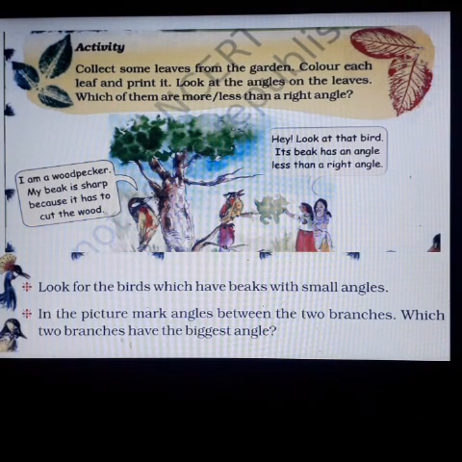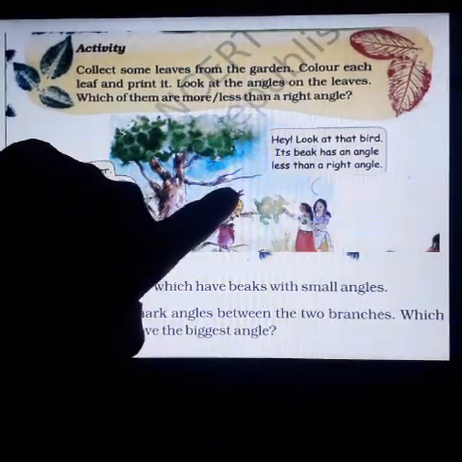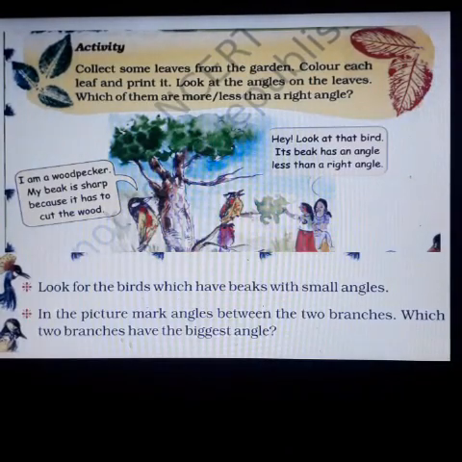Another activity is given. You can also find angles in nature. For example, in birds, you can see here a woodpecker. In the beak of the woodpecker you can find the angle, and the angle is less than 90 degrees, or less than L angle, we can say L. Next, you can also find angles in branches of a tree.